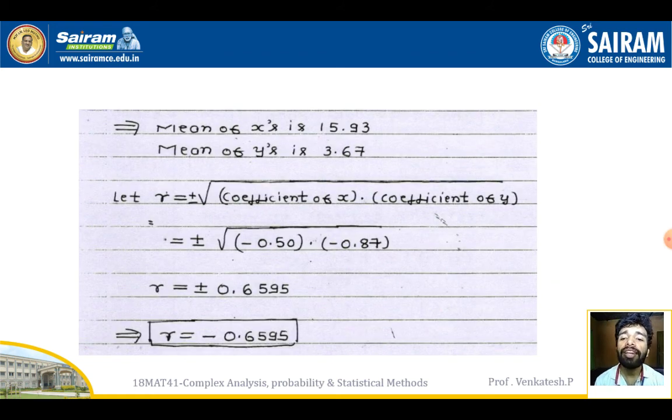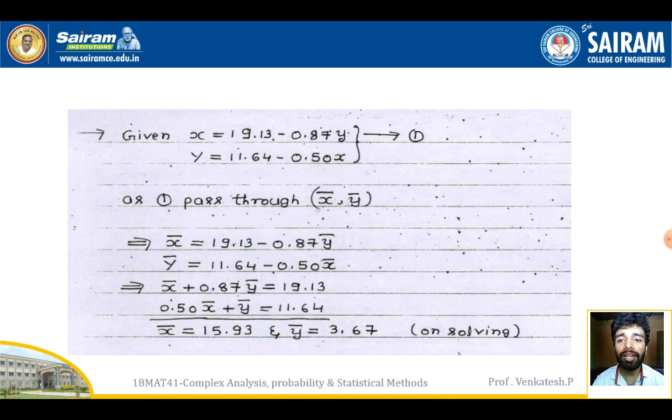Now let me see how to find the correlation coefficient from the given lines of regression. The formula is r equal to plus or minus square root of the coefficient of x and coefficient of y. In the problem, the given lines of regression are x is equal to 19.13 minus 0.87y and y is equal to 11.64 minus 0.50x. Here the coefficient of y is minus 0.87 and the coefficient of x is minus 0.50.